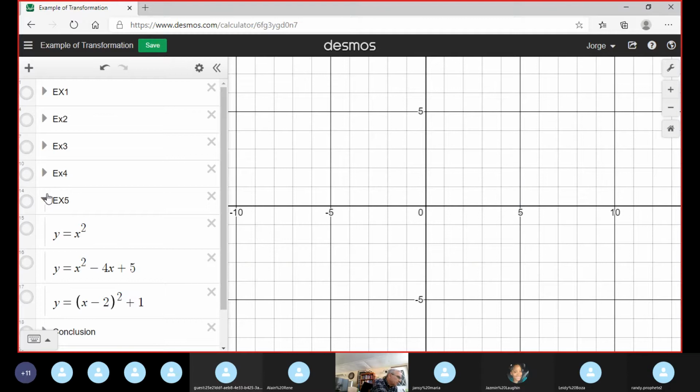Example 5 in my paper is y equal x squared minus 4x plus 5. Let me go to the whiteboard to explain that. Switching to the whiteboard, please.